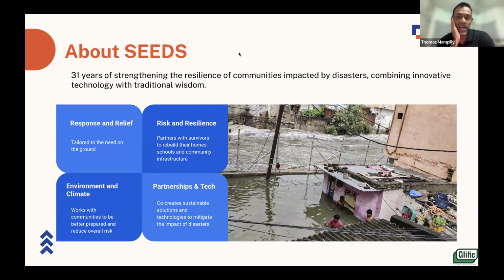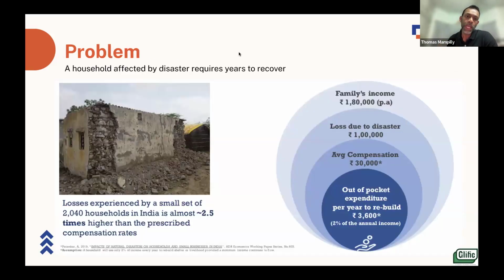We can move on. So if you look at it, there is a core problem that Seeds has identified over the past 30 or so years, that there's a huge gap between the actual losses and needs of a household that is impacted by especially climate related disasters and the kind of support that they eventually get.